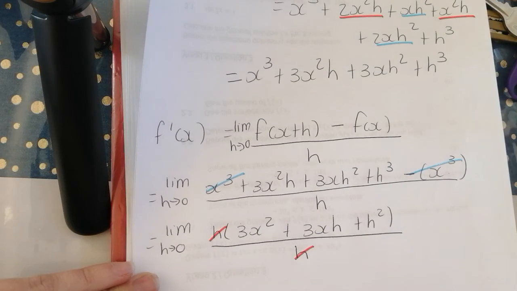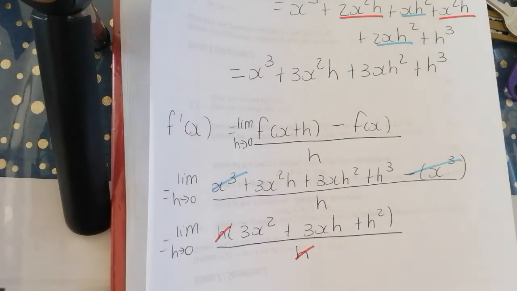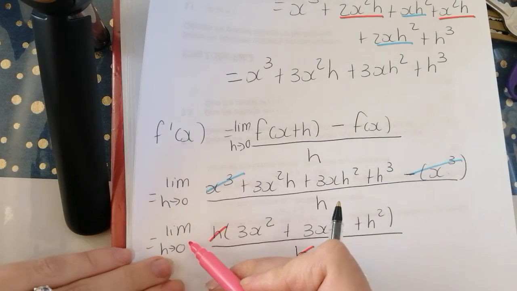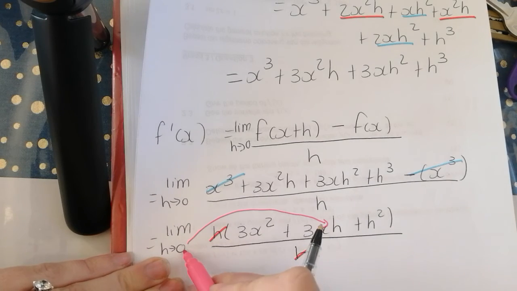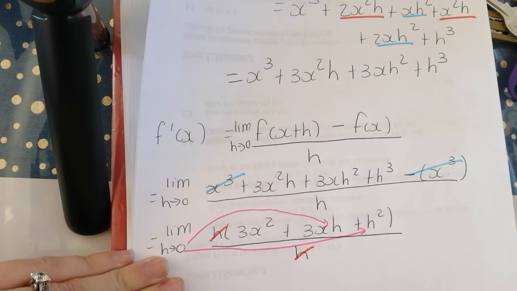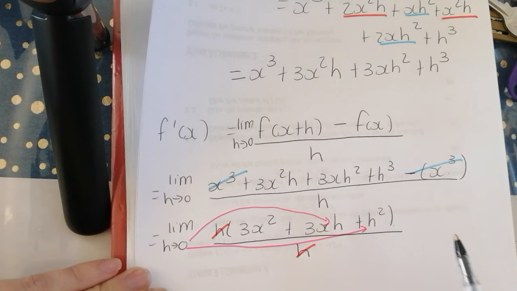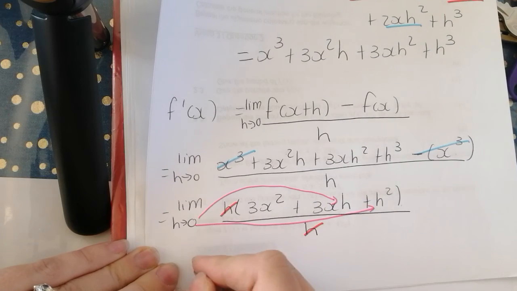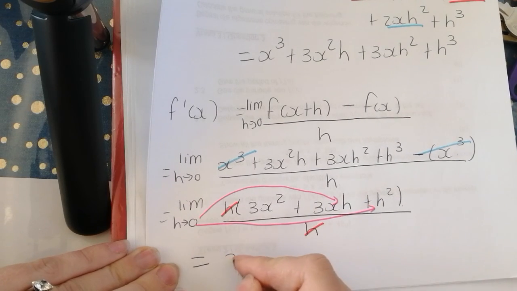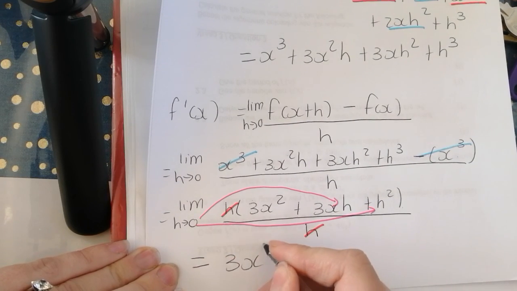Now we can go ahead and we can substitute 0 into h's place. So we basically substitute 0 there and we substitute 0 there. So if I substitute 0 into this equation, this is going to become 0 and this is going to become 0, meaning that my answer is just 3x squared.